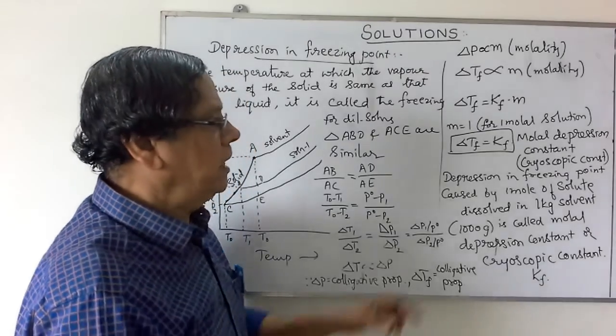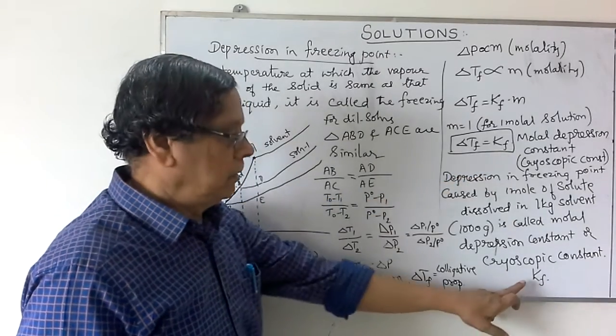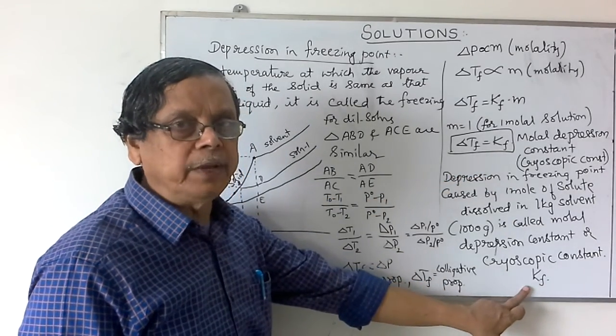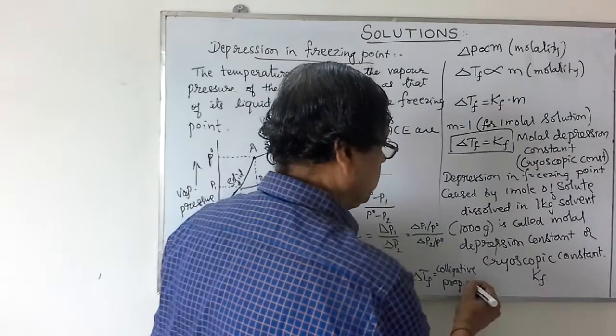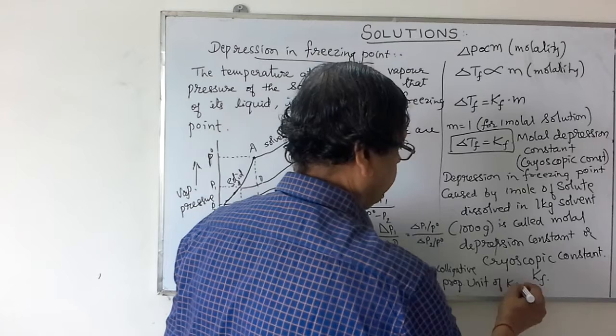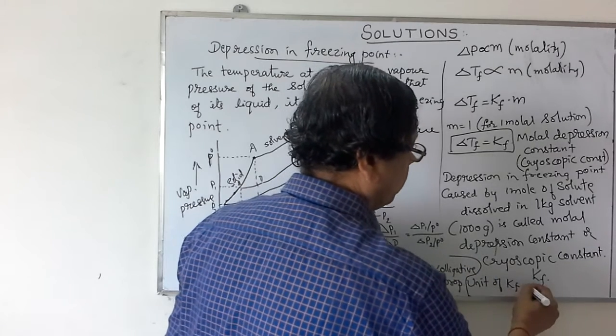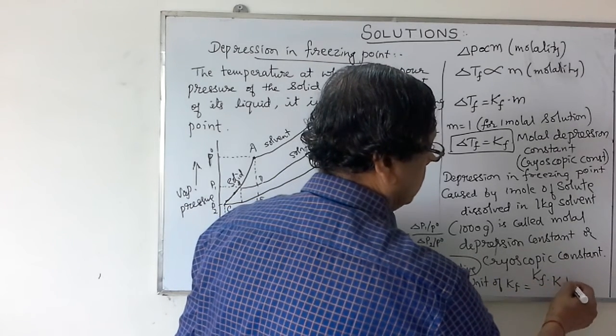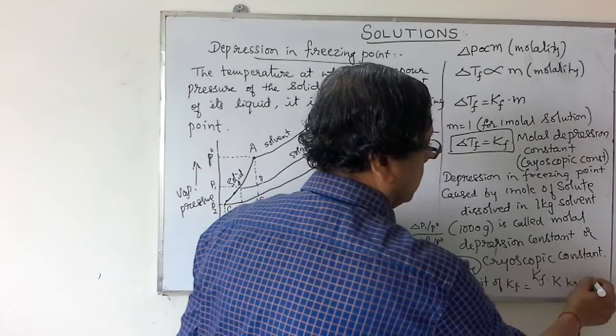As usual, this KF is expressed in terms of Kelvin kg per mole. Unit of KF is Kelvin kg per mole.